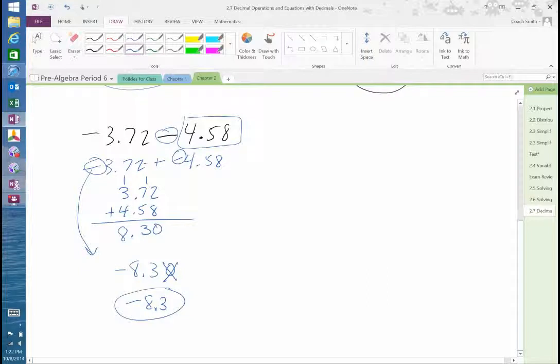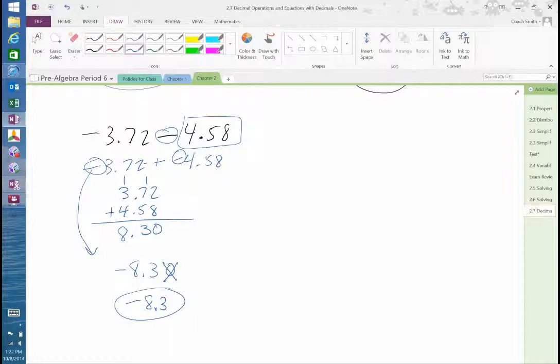Madison? No. Yesterday, if we said anything about a rule, we may have said that two negatives multiplied together equal a positive. I'm not multiplying, I'm adding. It's a totally different rule for addition than it is for multiplication. Remember, multiplication and division, two negatives make a positive.